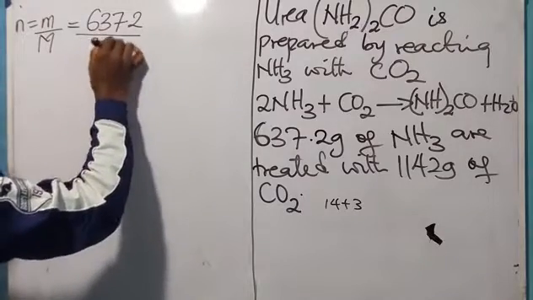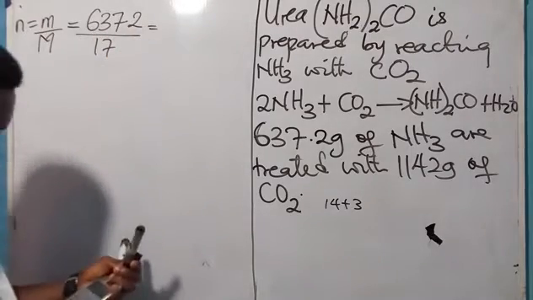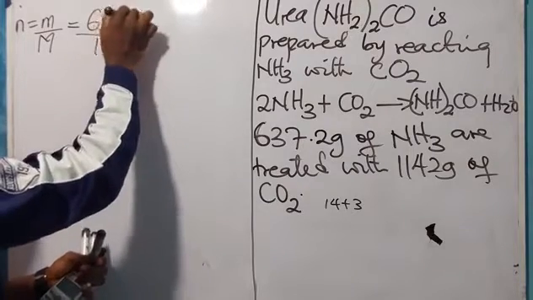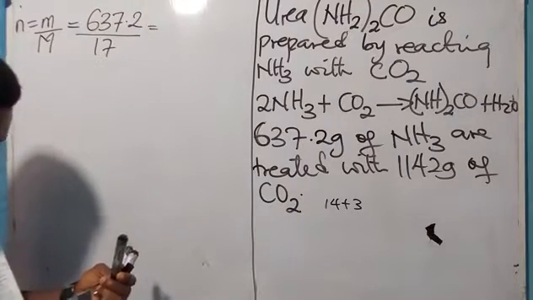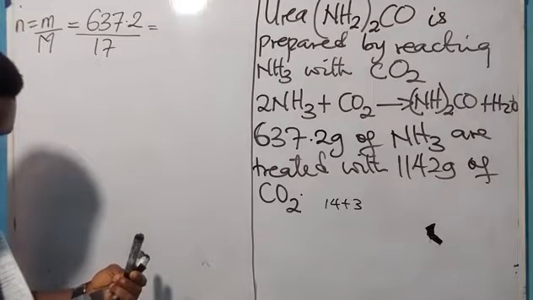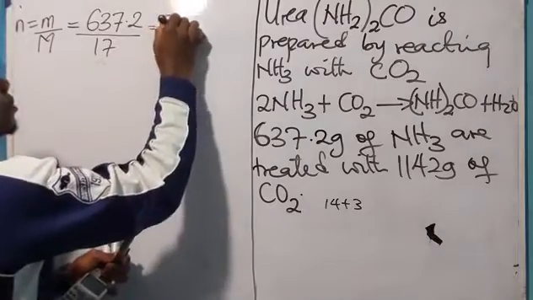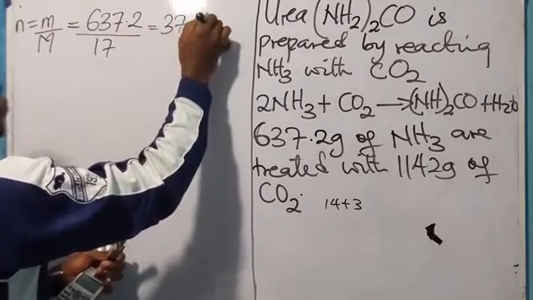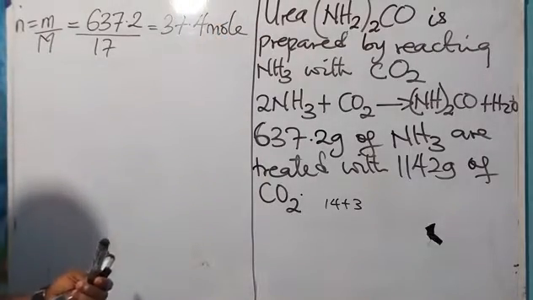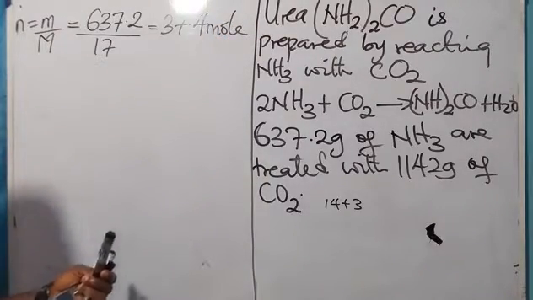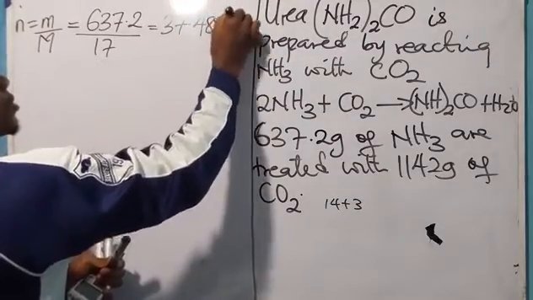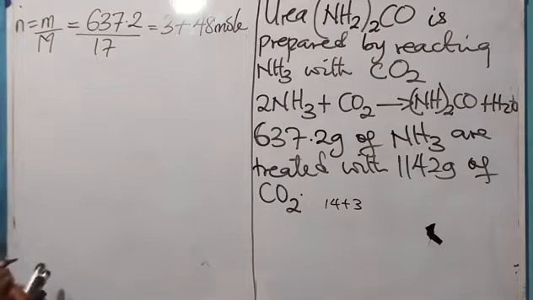So let's divide. 637.2 divided by 17 equals 37.48 mole. Alright, 37.48 mole.